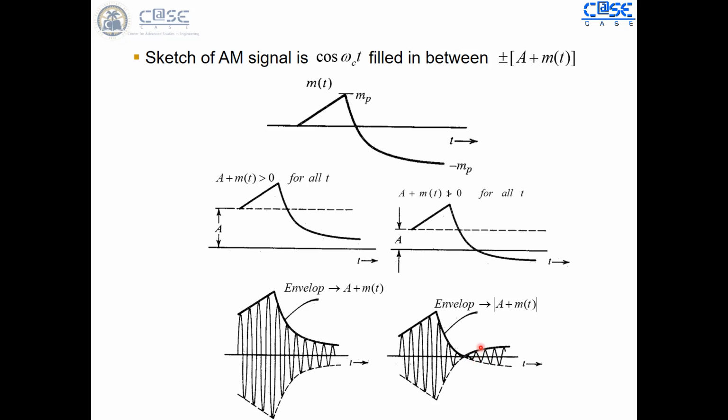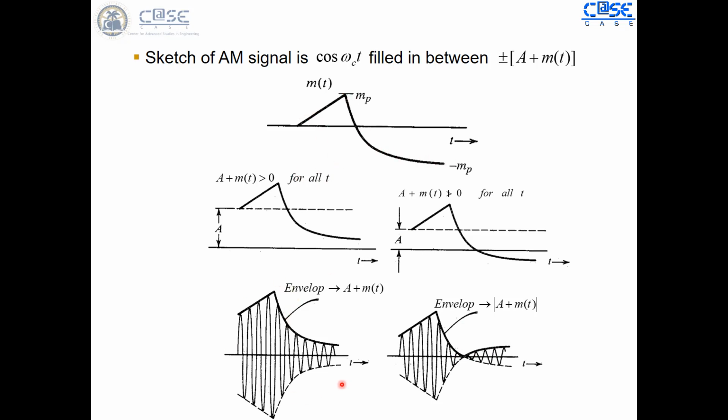In other words, some portion of the modulated term will become inverted as a result, right? And if you connect these peaks, if you construct the envelope out of it, you can see the shape of the envelope changes, right? It is not equivalent to the original envelope of the message signal, right?